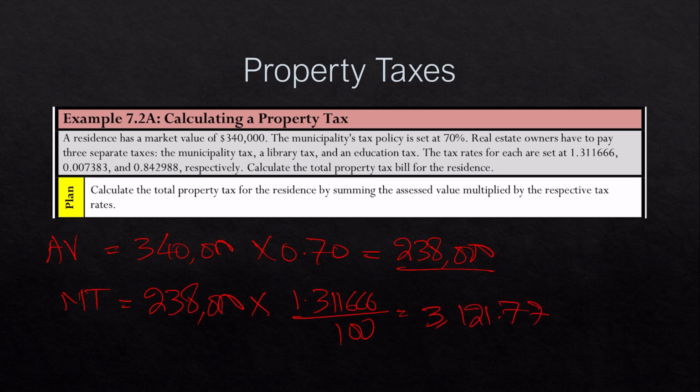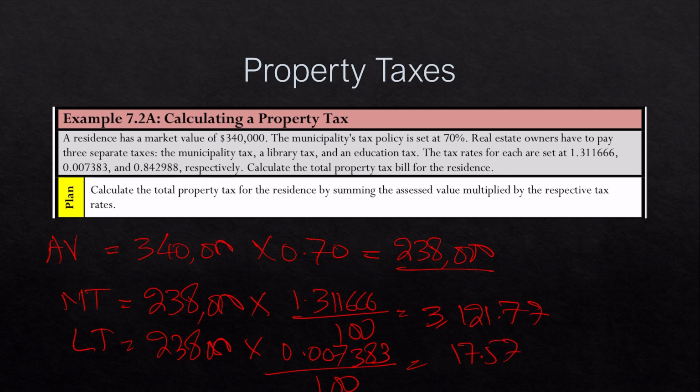Then we have to apply a library tax: 238,000 multiplied by the rate 0.007383 divided by 100. So we get 17.57.